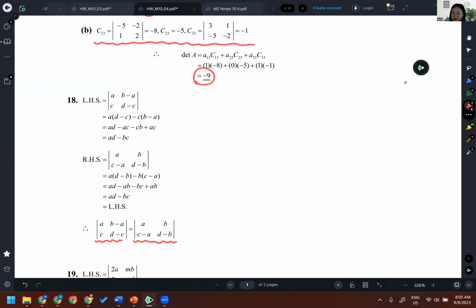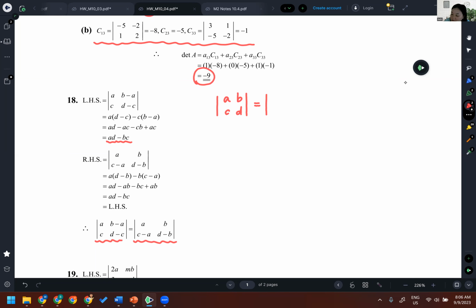You can notice that both of these two determinants are equal to AD minus BC, which is the determinant of ABCD. So I can further conclude from this question that the determinant of ABCD is equal to, however I make it smaller.